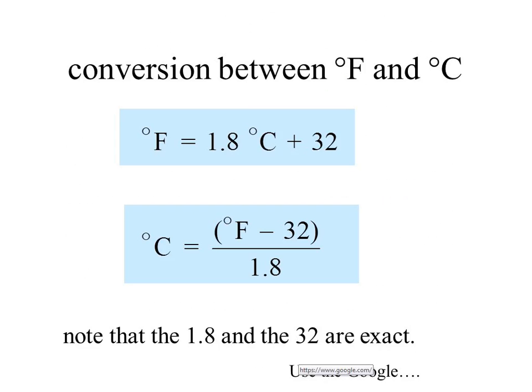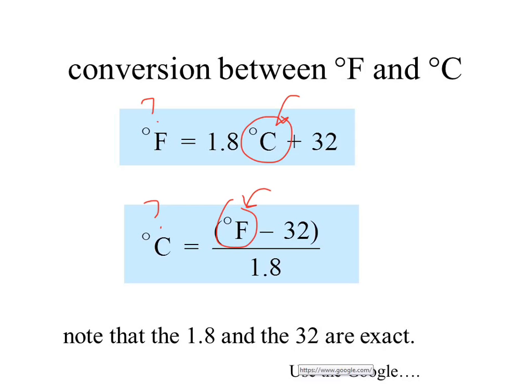This is the thing you won't need to use this semester. I actually have the thing Google down here. You can ask Google to go back and forth between anything, including Fahrenheit and Celsius. If you want to know Fahrenheit, you plug in the Celsius temperature there. And if you want to know Celsius from Fahrenheit, you plug in the Fahrenheit temperature there.